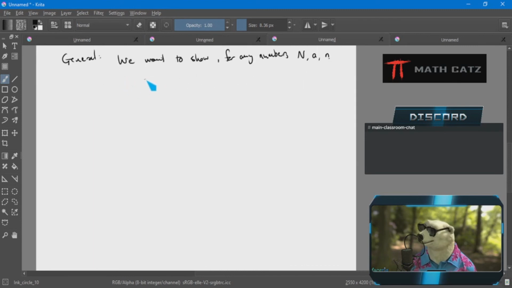We want to show that if I take that number N and subtract A, it's the same as taking the number and adding the additive inverse of A. It doesn't matter what the mod is, I always know that exists. Okay, so this is what we want to show. I haven't shown it yet.